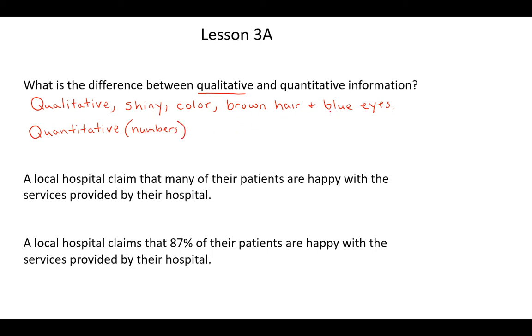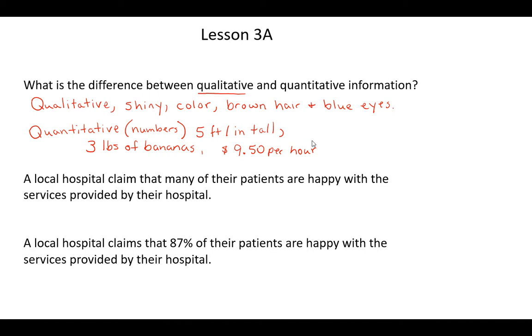I have brown hair and blue eyes, but I'm also 5 feet 1 inch tall. You might buy 3 pounds of bananas. You may earn $9.50 per hour. All of that information is quantitative.